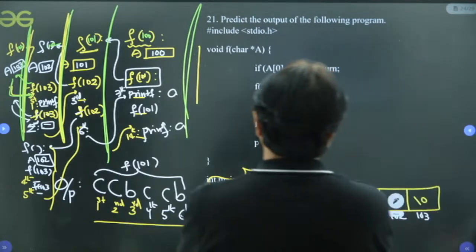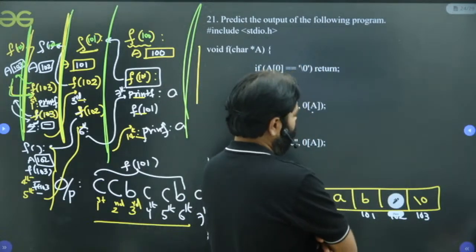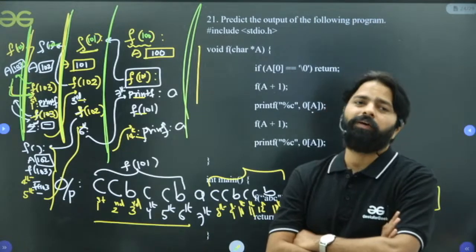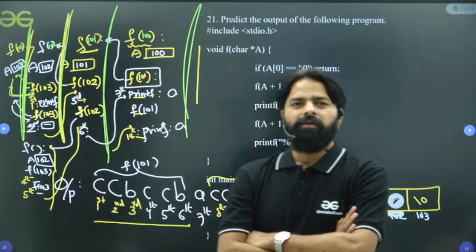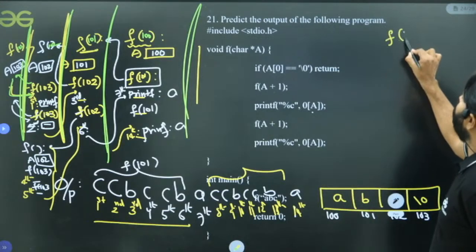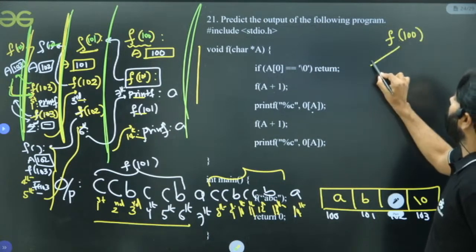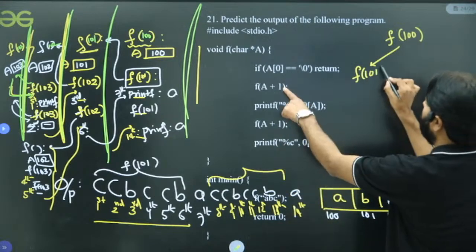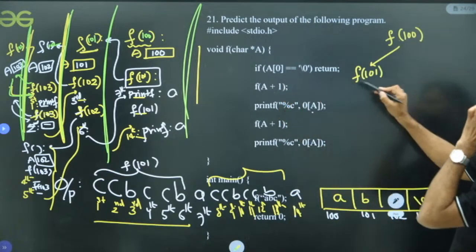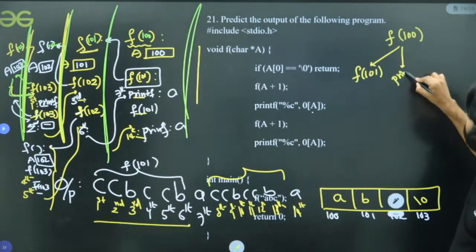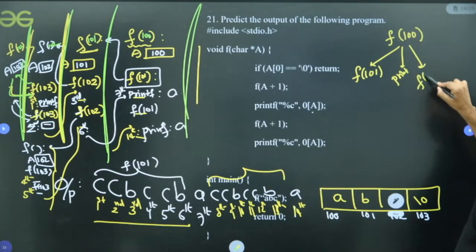Akash, Chavan, you have to improve a lot. Those people who have not understood, that means you are not good at recursive function calls. Very simple. I'll try to make the calls: f of 100 called f of 101, right? But after calling 101, it should come to print. It should call one more f of 101.